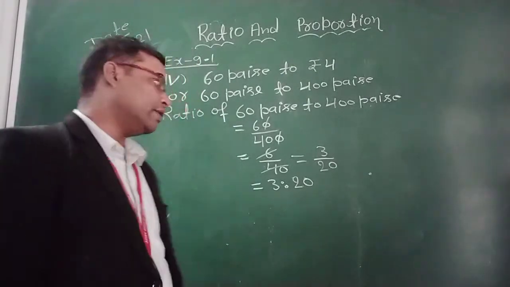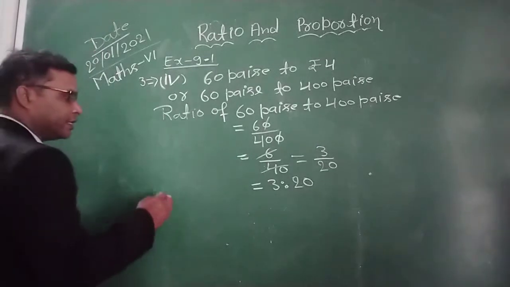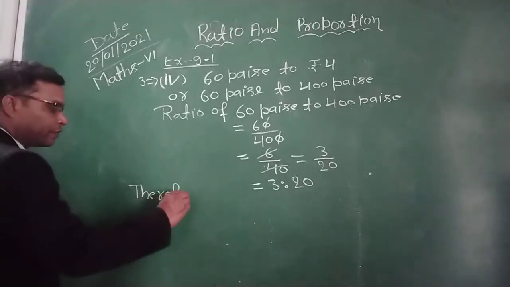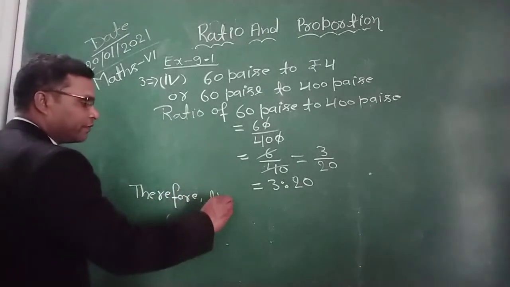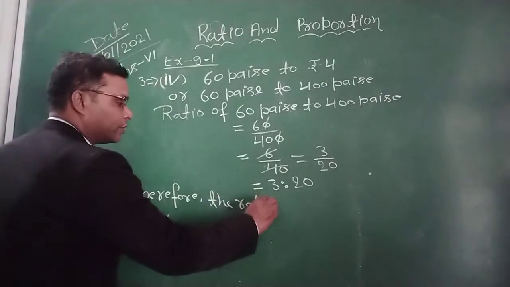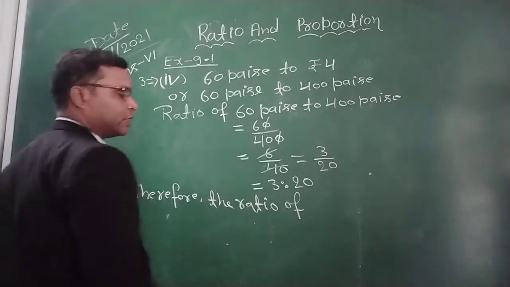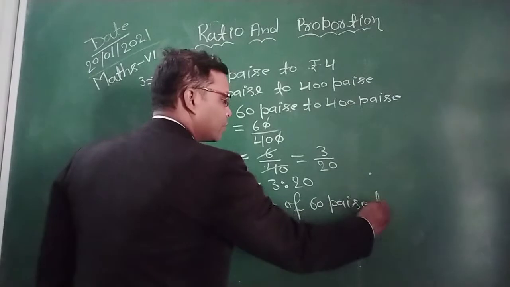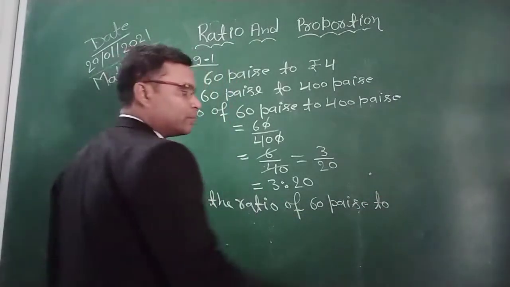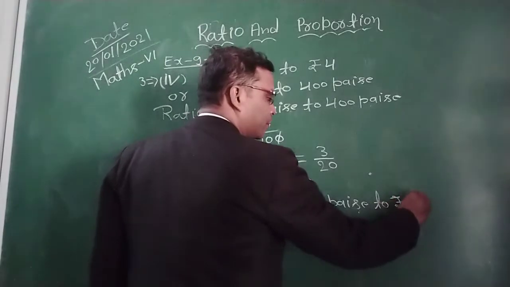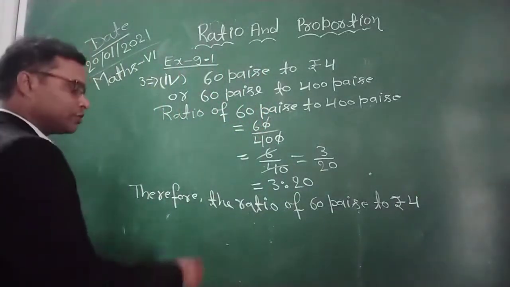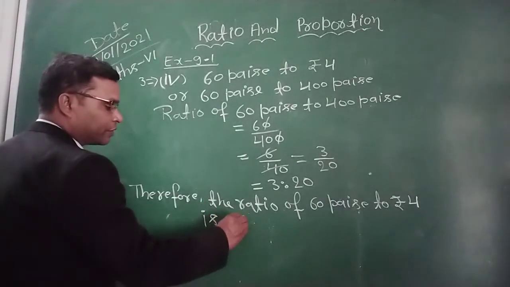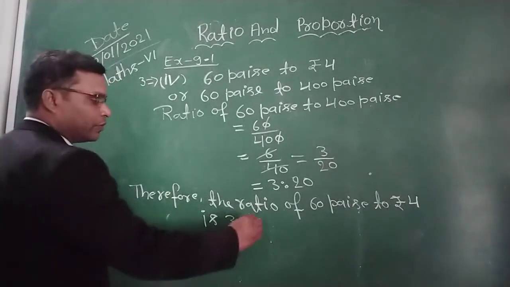This is clear. Now at last you can write here, therefore, the ratio of 60 paise to 4 rupees is equal to 3 ratio 20.